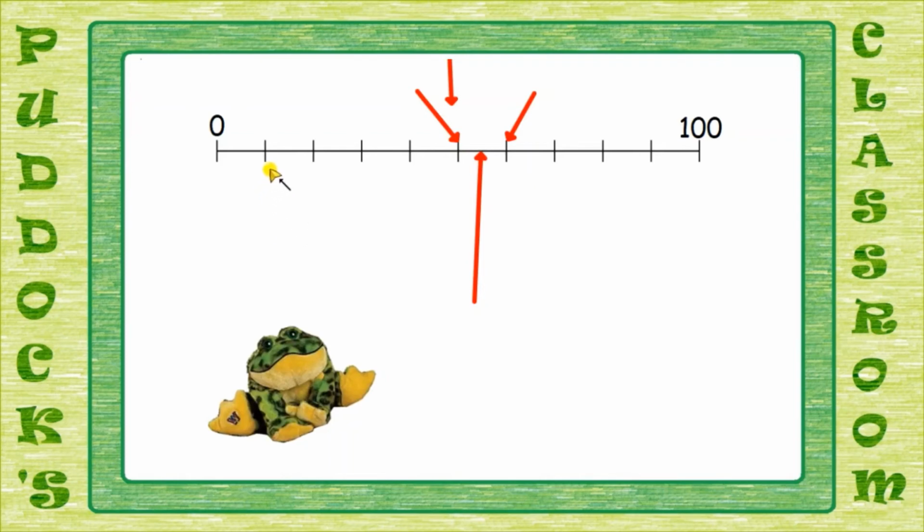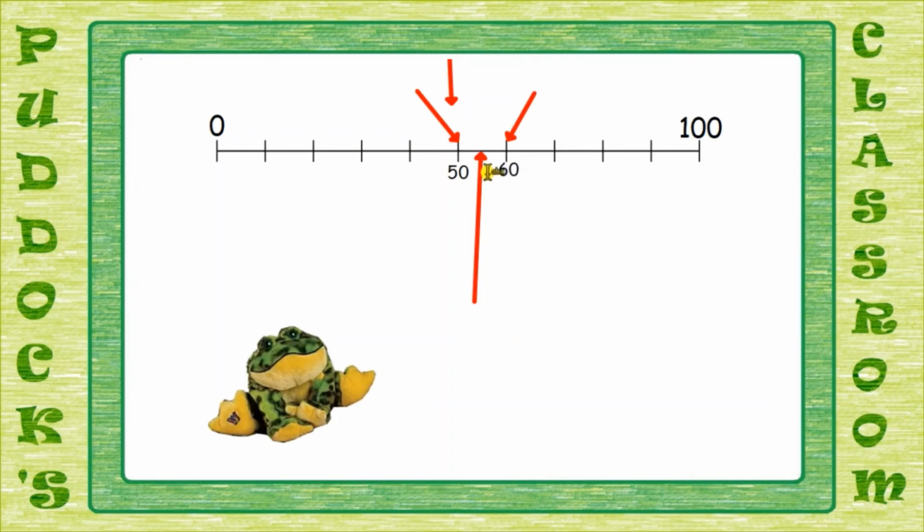So we know that 10, 20, 30, 40, 50 is that one. Let me just label it for you. So we know that one's 50, and the next one will be 60. So let's label that one for you as well. So we've got 50 and 60 that we can put onto there.